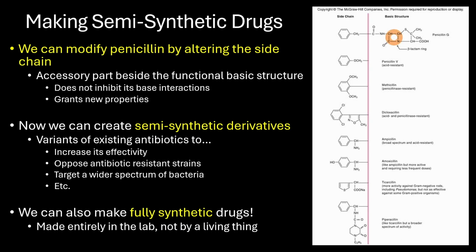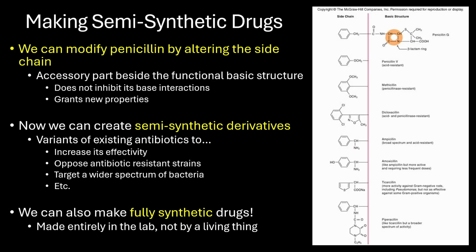Now, antibiotics can also be modified to do extra jobs or have a modified function. A lot of these antibiotics have accessory parts or side chains that can be altered in a lab, and that can allow us to change the structure of these chemicals, which in turn changes their function.